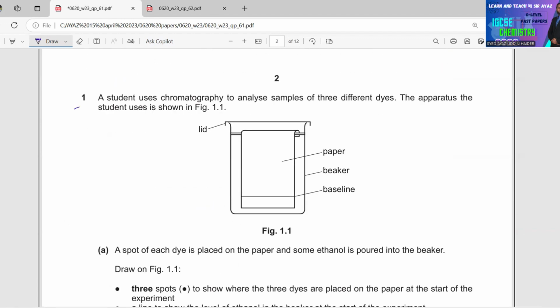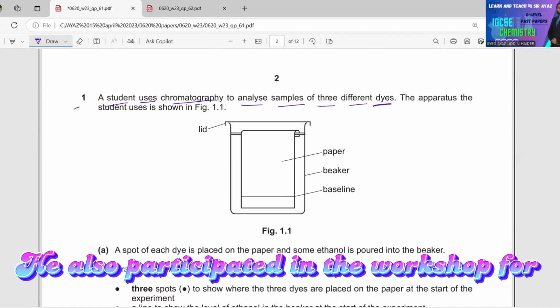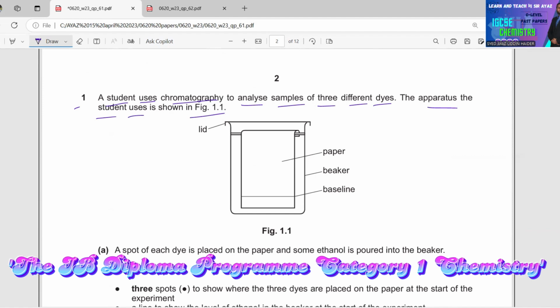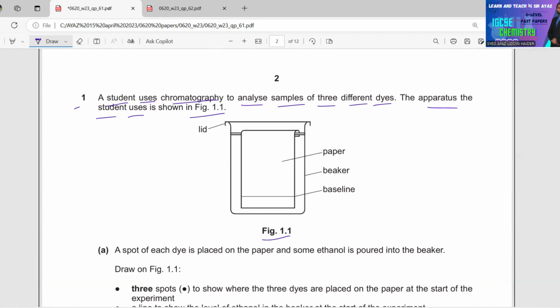Here's question number 1. A student uses chromatography to analyze samples of 3 different dyes. The apparatus the student uses is shown in figure 1.1. So here's the figure. You see in this you have a beaker in which a paper is dipped, and they have labeled the baseline also.